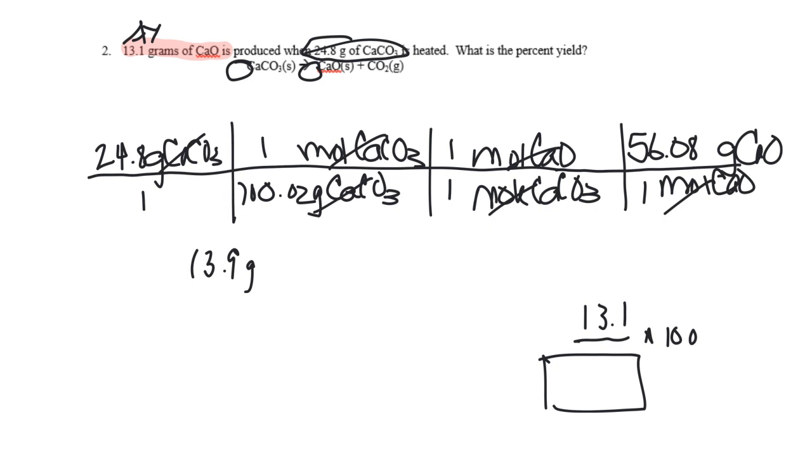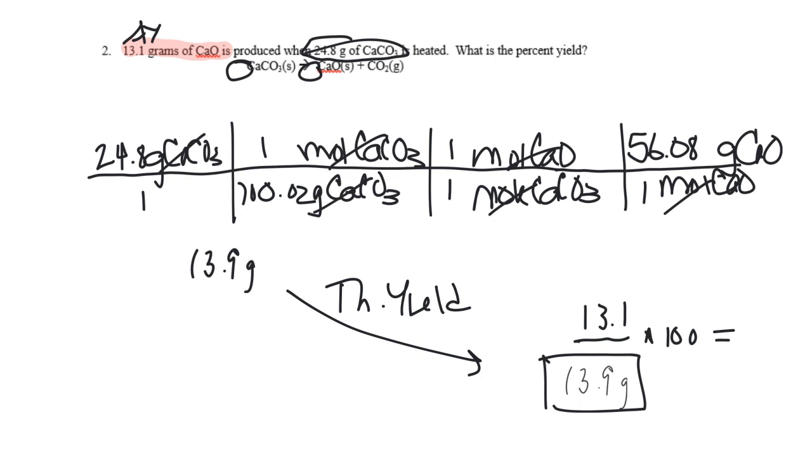Then that 13.9 comes right down here. That's my theoretical yield. So I take my actual, divide by my theoretical, multiply times 100, and I get 94.2% is my percent yield.